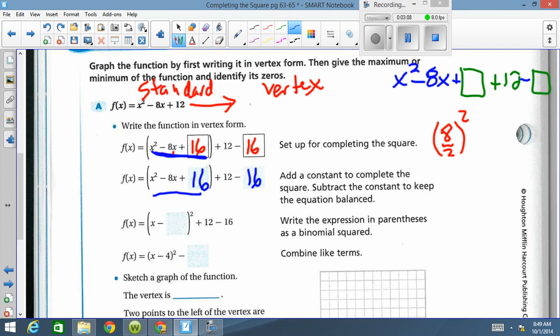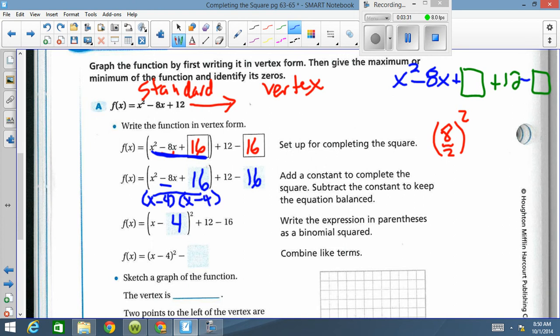Now the hint to this is whatever this number was here, when you cut it in half, so we took negative 8 and we cut it in half to get negative 4, that's the number that we put in here. It's just like saying, if I were to factor this, it would be x minus 4, x minus 4.